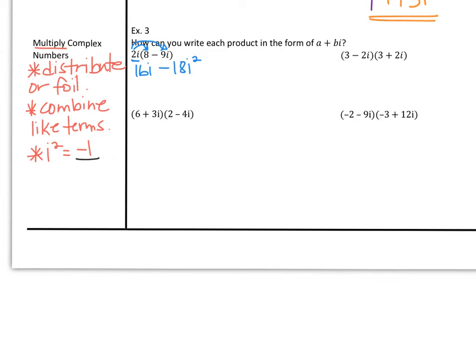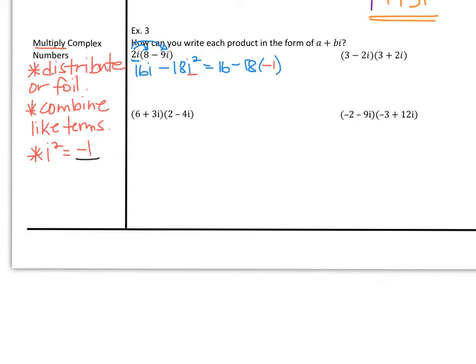Now if we have i and i squared, those are technically not like terms. But we said i squared equaled negative 1, so then this would become 16i minus 18 times that negative 1.